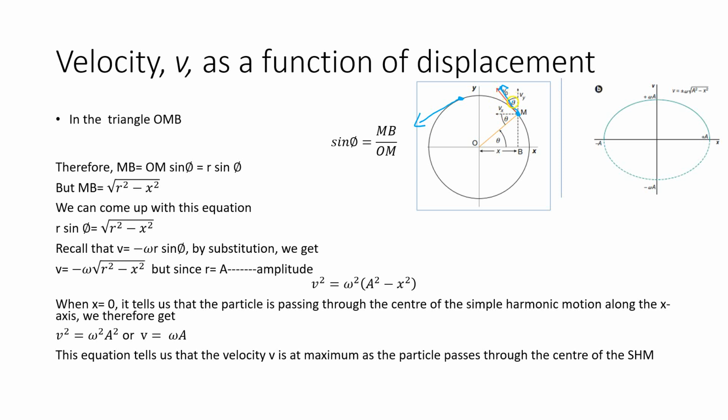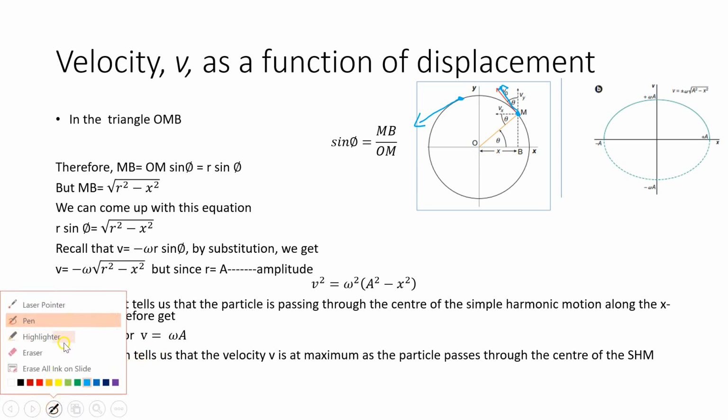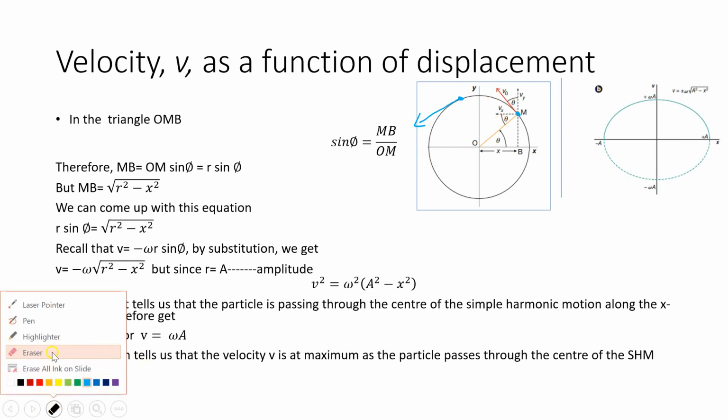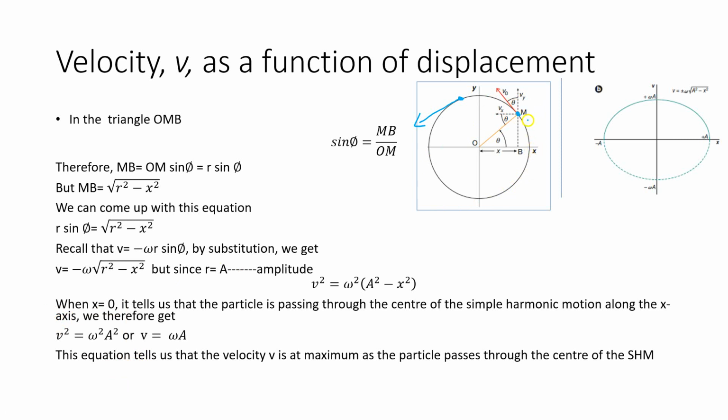As you can imagine, if the displacement is along the horizontal, we want to know the velocity that is along the horizontal, right? So we're going to resolve the component of v naught, which is the velocity that the object has, as you would have seen me highlighting a while ago.